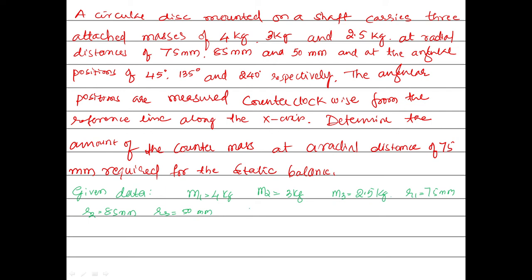Theta 1 equals 45 degrees, theta 2 equals 135 degrees, theta 3 is 240 degrees. All these directions are anti-clockwise, that is counterclockwise, and they have given the radius of the balancing mass.